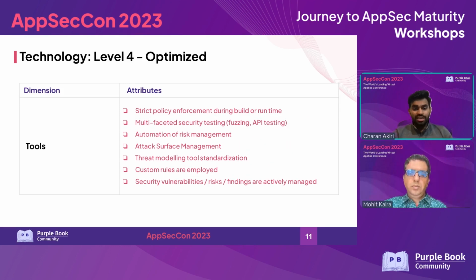So in this level, our team will start optimizing their process, plus they will also start thinking about how to take these metrics and automatically apply them, or start breaking the builds based upon these different levels of severities. So in this level, teams will start enforcing strict policy enforcements during build time or run time.